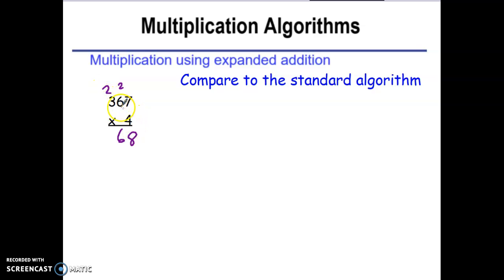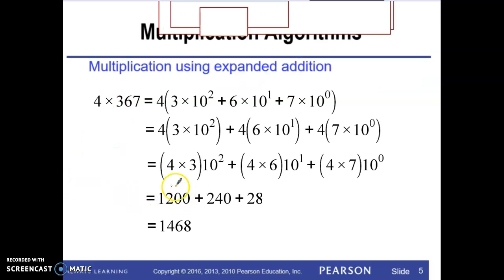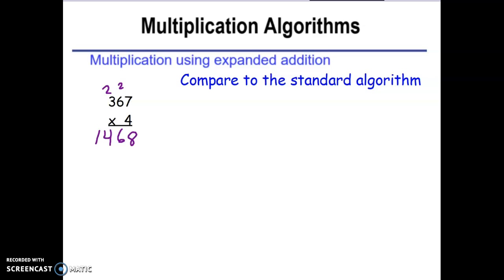So 4 times 3, well, that's really 4 times 300, 1,200, and 200 more, 1,400. And if I look back, there's my 1,200 and my 200 more. Okay, so everything that you saw in the standard algorithm and in the expanded addition method, they match. They're just not necessarily in exactly the same place.